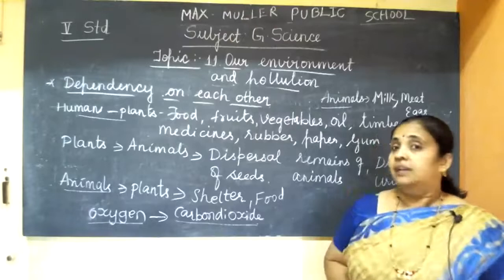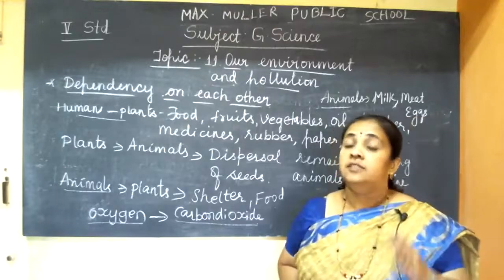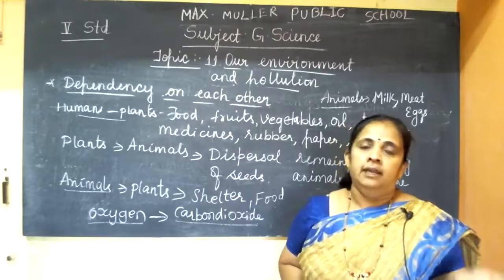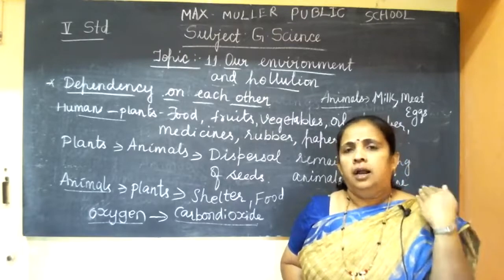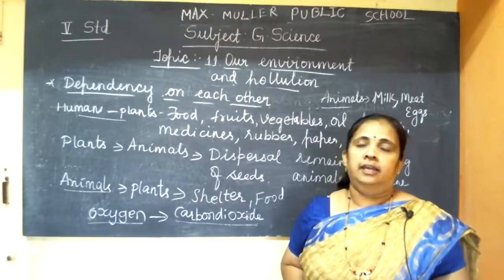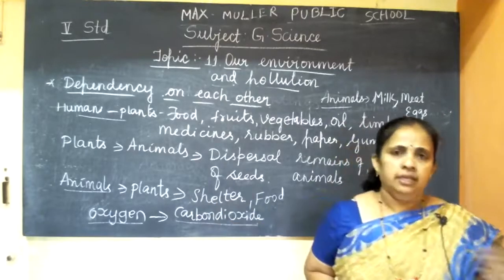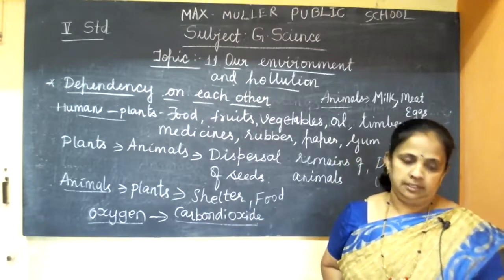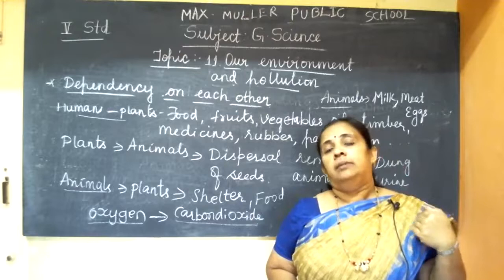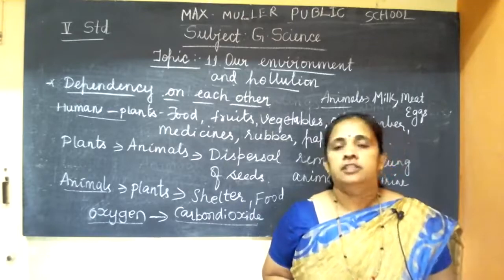But if that balance is disturbed, suppose if more plants are not there, then we will be giving carbon dioxide, we will not be getting oxygen. If animals are not there, or if the strength of human beings comes down, then the plants will be giving out carbon dioxide and oxygen will not be there.